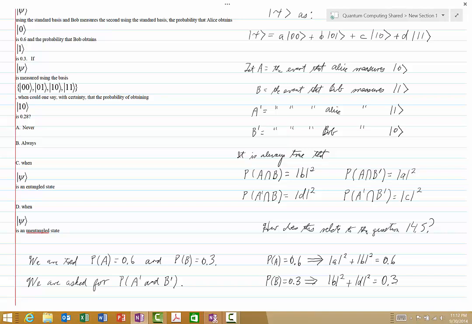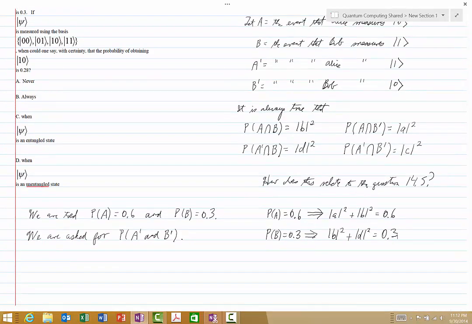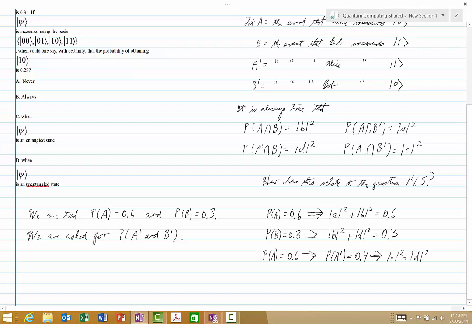Now we also know a little bit more than this. Maybe I'll put it this way: the probability that A is 0.6 also implies that the probability of A prime is 0.4, which implies that the magnitude of C squared plus the magnitude of D squared is equal to 0.4.